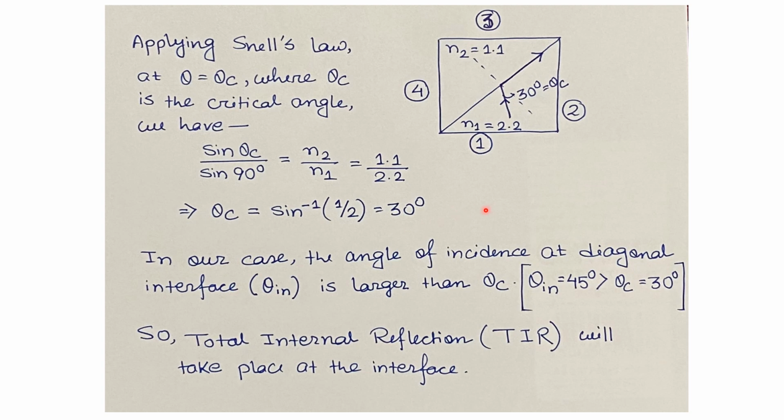And we have seen earlier that the angle of incidence at this interface is 45 degrees. So in our case, the angle of incidence at the diagonal interface is larger than theta c, which is 30 degrees. So for sure, the total internal reflection will take place at the interface.